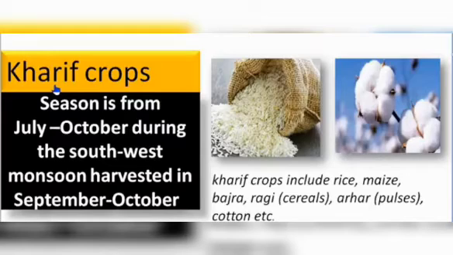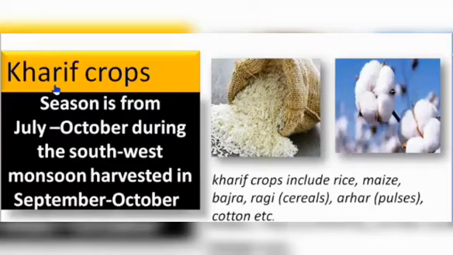Okay, so major areas where paddy is cultivated are Assam, West Bengal, coastal region of Odisha, Andhra Pradesh, Tamil Nadu, Kerala, Maharashtra, Uttar Pradesh, Bihar, Punjab and Haryana.